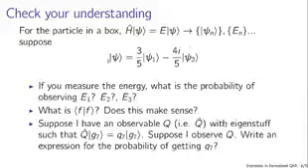Now suppose I'm telling you that some arbitrary state psi is prepared in this superposition of psi 1 and psi 2. Answer these questions. If you measure the energy, what's the probability of observing one of a couple of different energies? Double check that this shouldn't be F, sorry. I don't know why I always manage to make typos in these check your understanding questions. This should be psi. Is the inner product of psi with itself what you expect it to be?